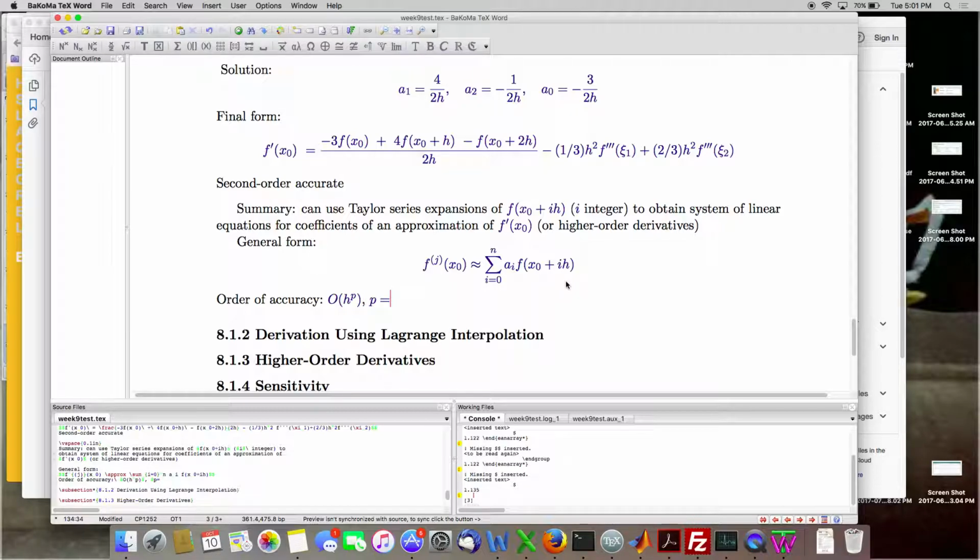So p is equal to the number of points that you're going to use as a start, so we have n plus 1 points, minus the order of derivative j that you want.